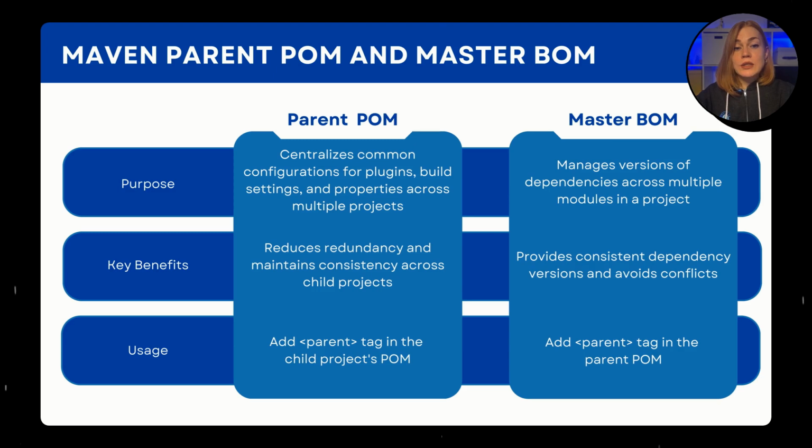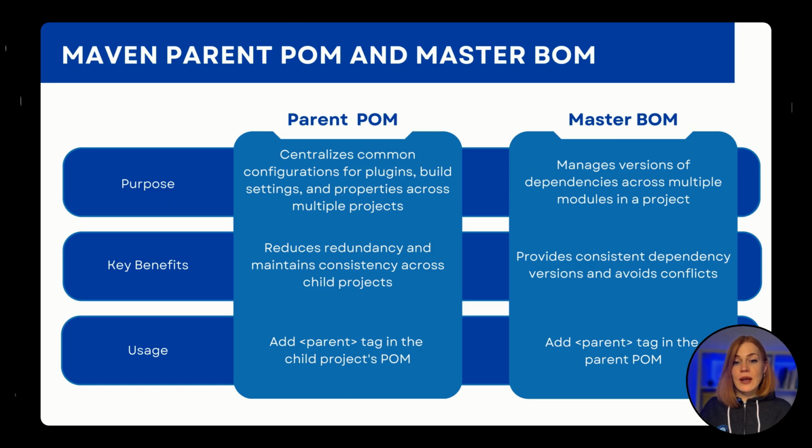Usage: you need to set the Master BOM as the parent of your Parent POM. This way, the Parent POM automatically inherits the dependency versions defined in the Master BOM file. This structure ensures that dependency versions are managed at the top level, the Master BOM level, while project-specific configurations flow through the Parent POM to the child projects.